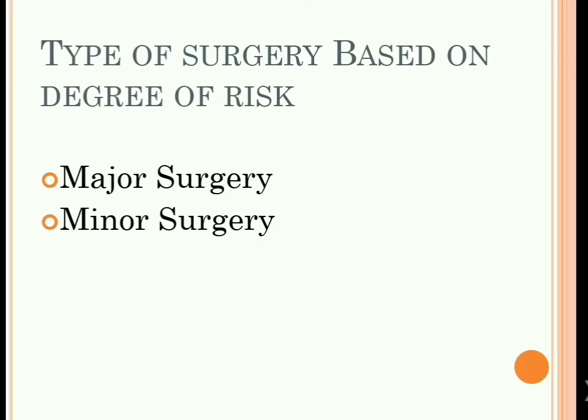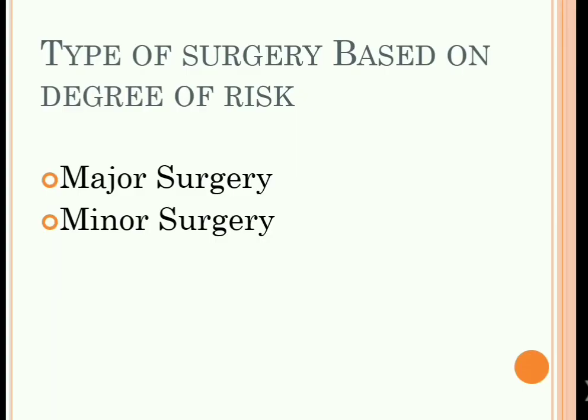Types of surgery based on degree of risk. We have your major surgery and minor surgery. When we say major surgery, it is with high degree of risk, may be complicated or prolonged, with a large loss of blood and vital organs involved.